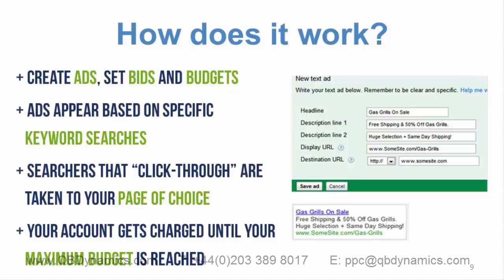As always, with everything there are details and nuances once you get into the programs of how to do it most effectively. There's a lot to this in this particular case, but the basics of it are really quite simple. Visitors who click through are then taken to your page of choice, which is the destination URL, the destination where you're sending them to. Your account then gets charged until the maximum budget is reached, so it's pretty straightforward.